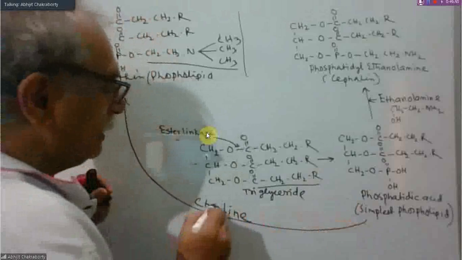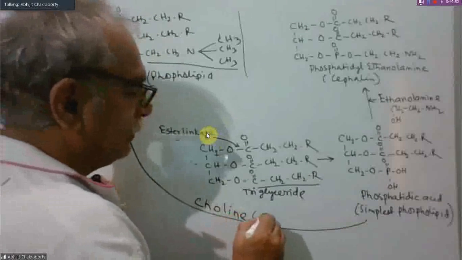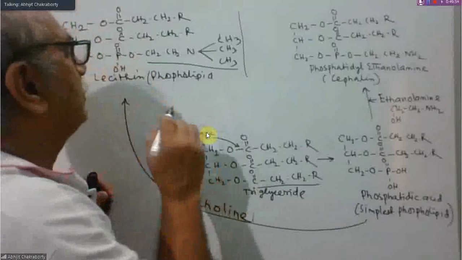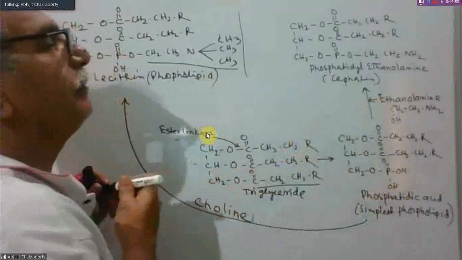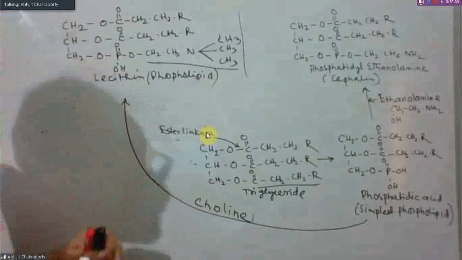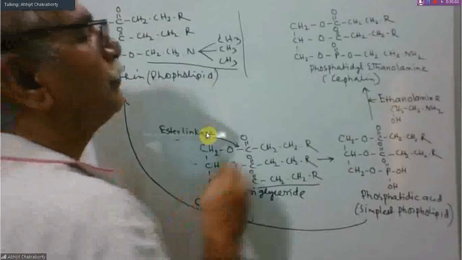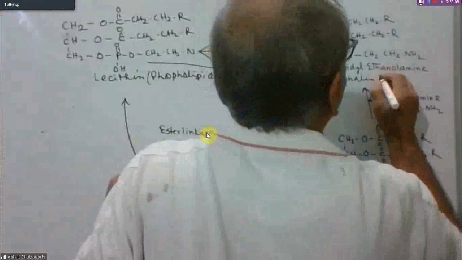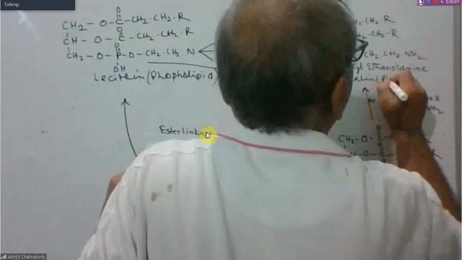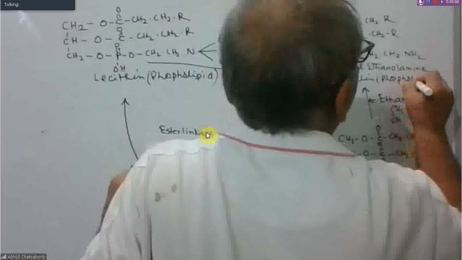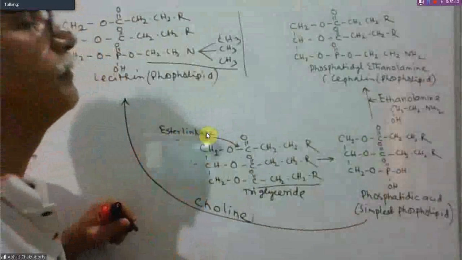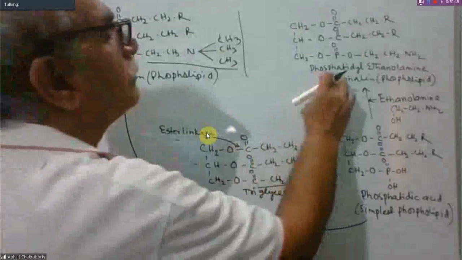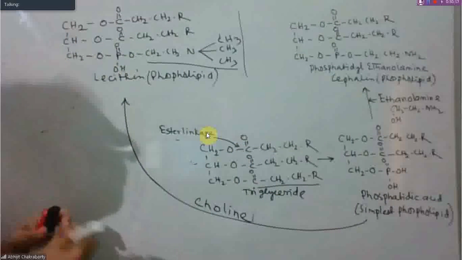When choline is added to it, then it becomes lecithin, and if ethanolamine is added to it, it becomes cephalin. In this way, both are phospholipids. Clear?